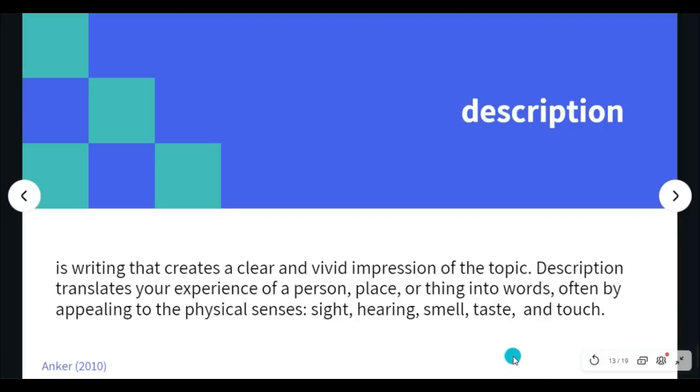So you describe a thing, you give detail to that thing by exploring the physical senses, for example, sight, hearing, smell, and so on, or by putting a person, place, or thing into words.